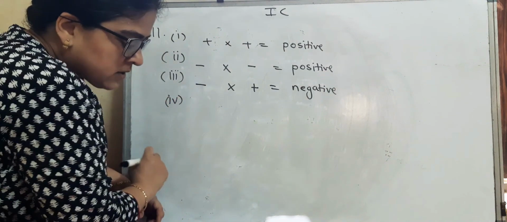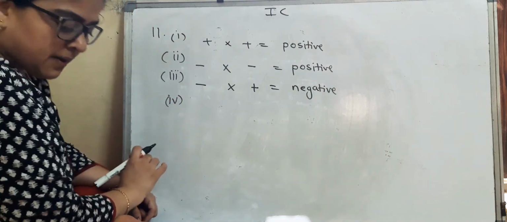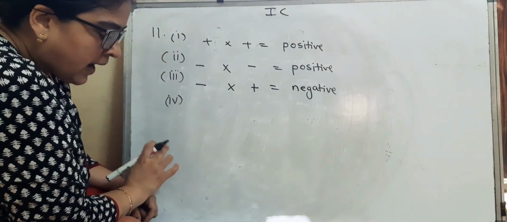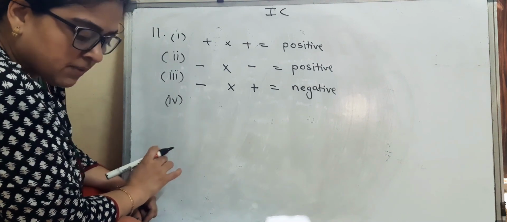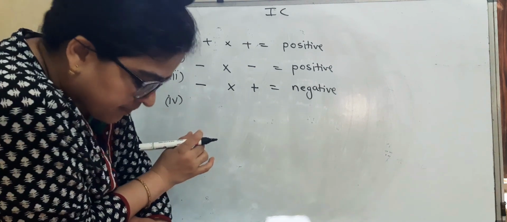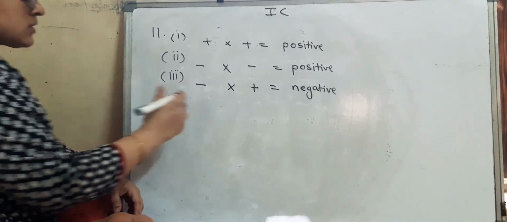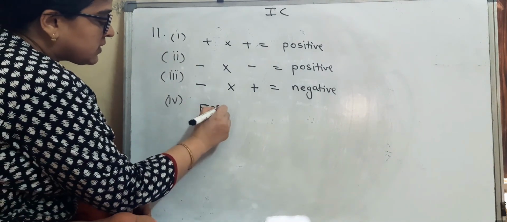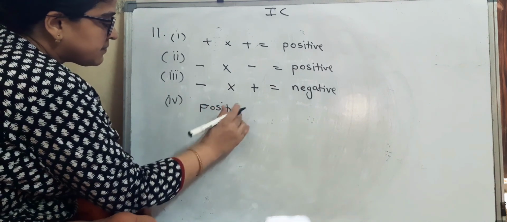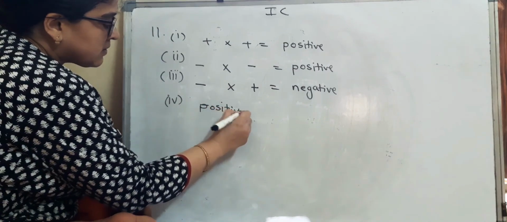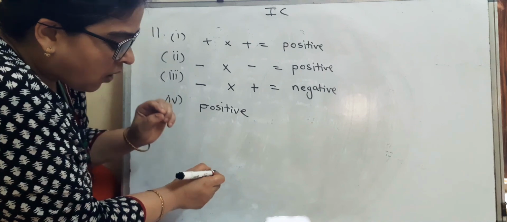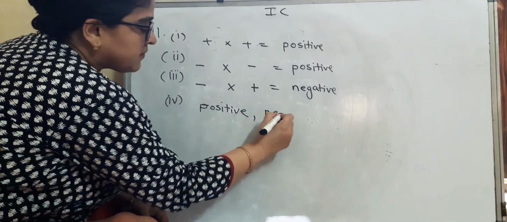Fourth one. The reciprocal of a positive rational number is always positive, and the reciprocal of a negative rational number is always negative.